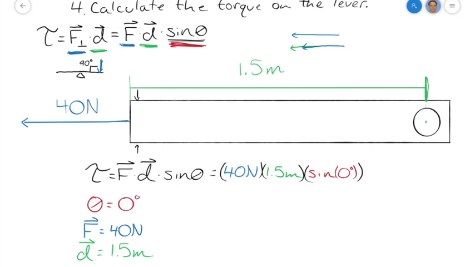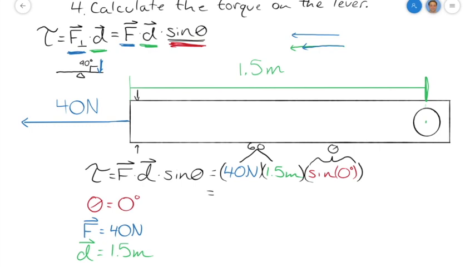When I calculate this, 40 times 1.5 is equal to 60, times sine of theta, or sine of 0, which if you hit 0 in your calculator, then hit sine, you should get 0.